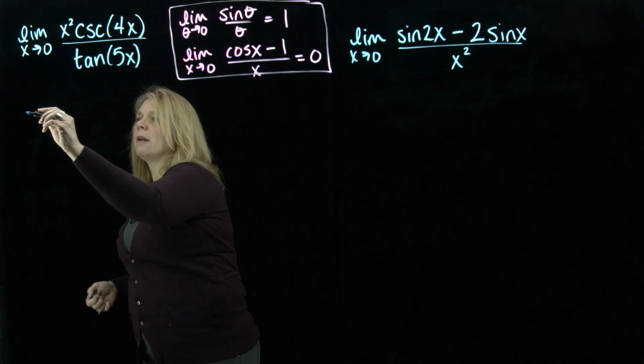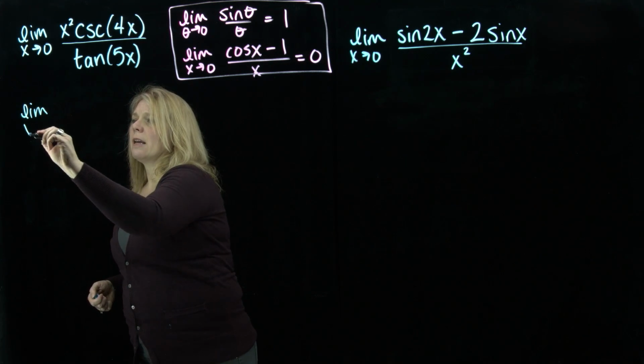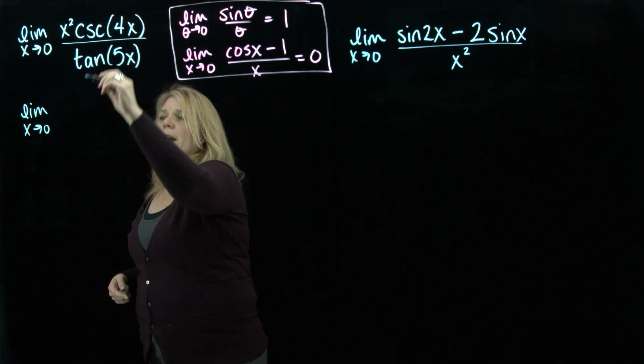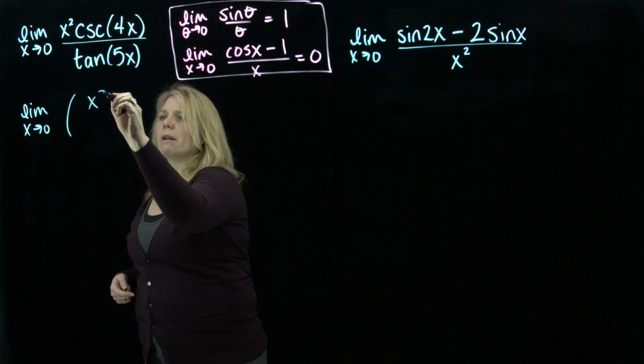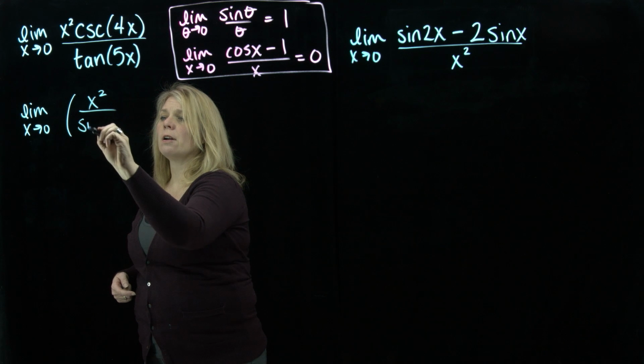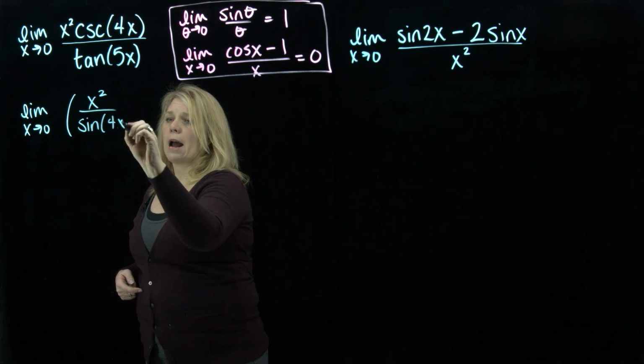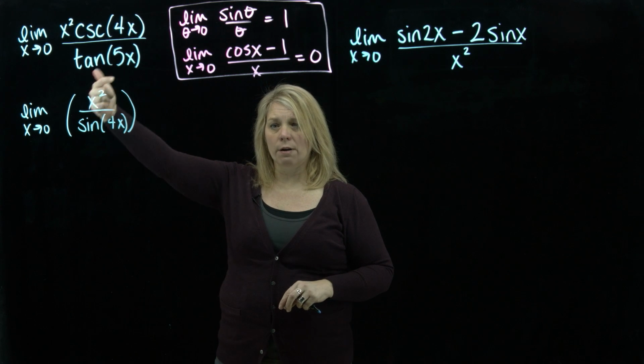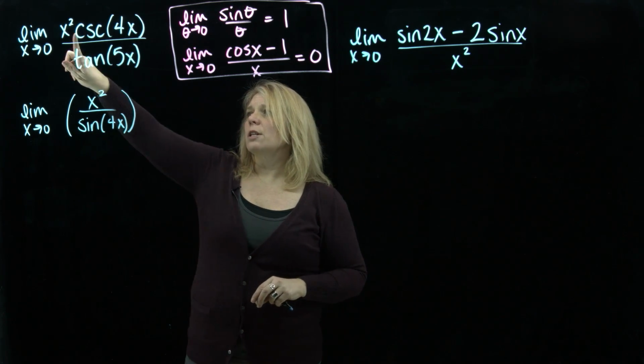So for this problem, when I rewrite everything in terms of sines and cosines, this numerator here, I would probably rewrite as x squared over sine of 4x, because cosecant is 1 over sine. That's just the numerator.